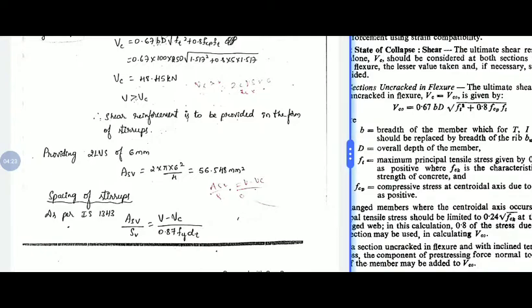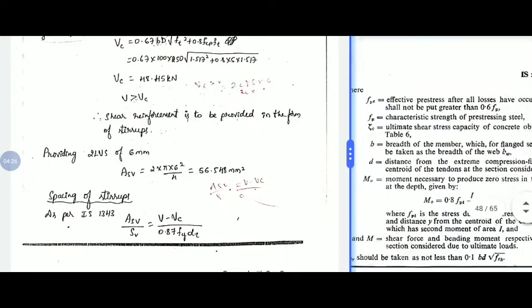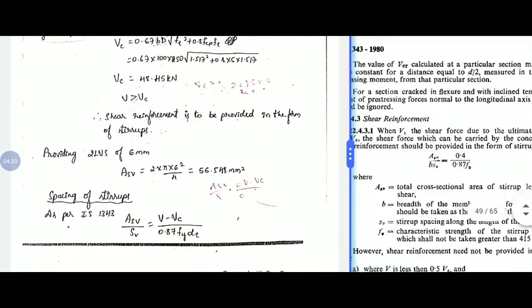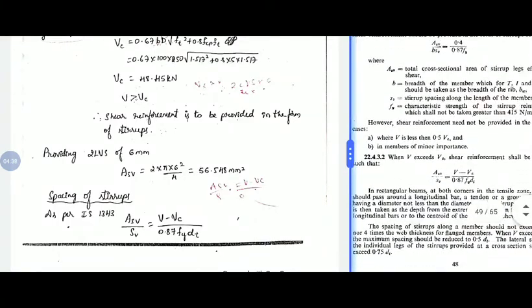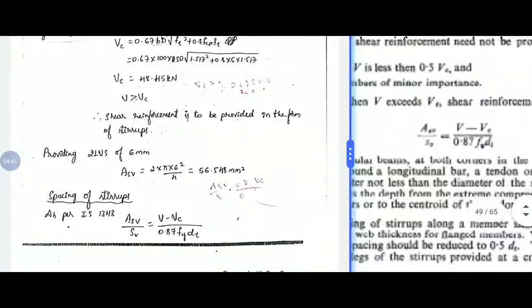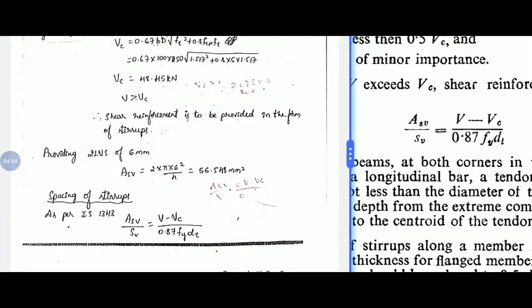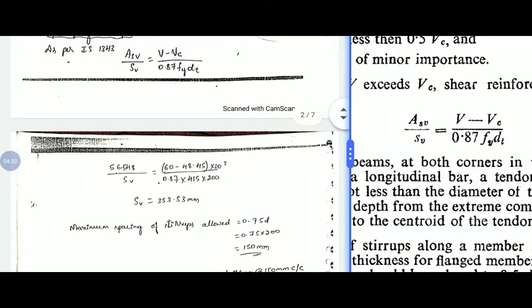For calculation of spacing you have the formula on page number 48: ASV by SV is equal to V minus VC by 0.87 Fy d. ASV is the area of 2-legged vertical stirrups, SV we need to find out. V is 60 which is given, and 48.45 is VC which we have calculated as the strength, divided by 0.87 Fy 415 and effective depth 200.